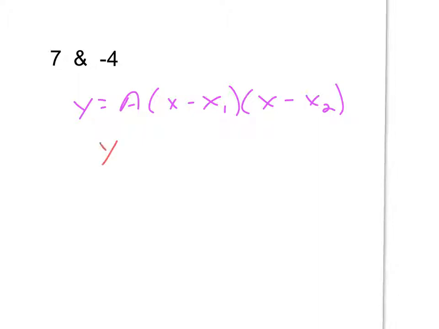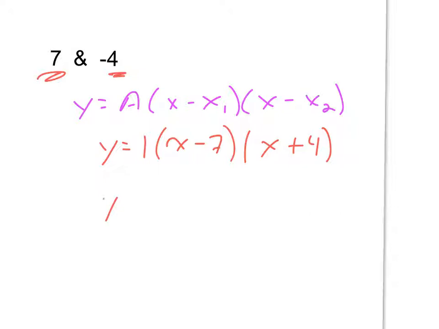But y equals, we'll let a be 1, because it really doesn't matter, and we don't know. x minus, my first root is 7, and my second root is negative 4, so x minus negative 4 is x plus 4. And you know from Algebra 1, if I have the equation y equals x minus 7 times x plus 4, I have a root of 7 and a root of negative 4. But now we'll just FOIL this out to get my equation. y equals, we'll do this in green, x times x is x squared.